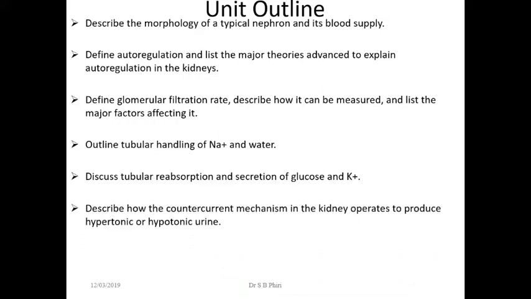You should be able to describe how the countercurrent mechanism in the kidney operates to produce hypertonic or hypotonic urine. So now these countercurrent mechanisms I'm talking about, later on, you notice that there are certain channels that are found within the kidney nephron that are involved in creating what we call osmotic gradient or hypertonic medium within the medulla of the kidneys.